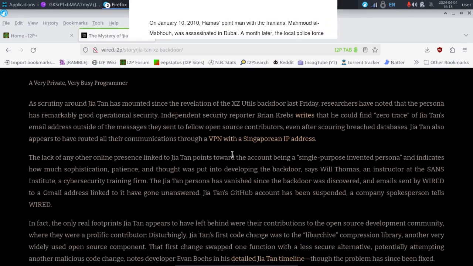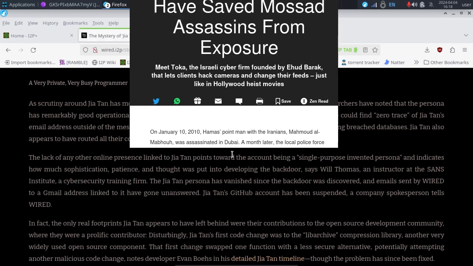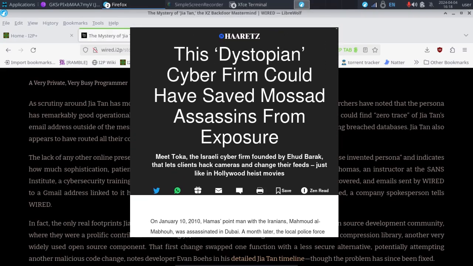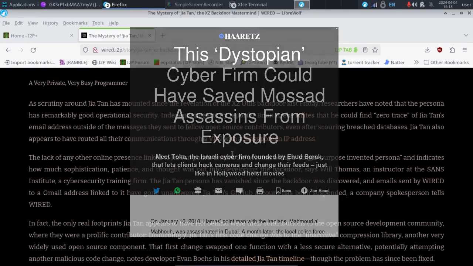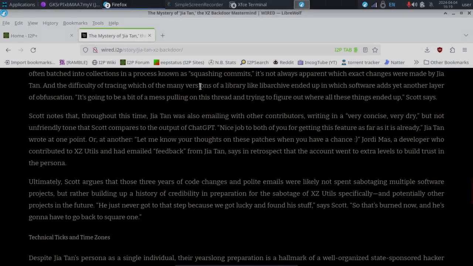You should take a look into some of these things, some of the different operations that have been performed by some of these countries, the cyber operations. There are some really fascinating stories on this. Some of the comments that Jia Tan was emailing in order to really ingratiate themselves into the project were written in very concise and dry tones, and it reminded them of ChatGPT.